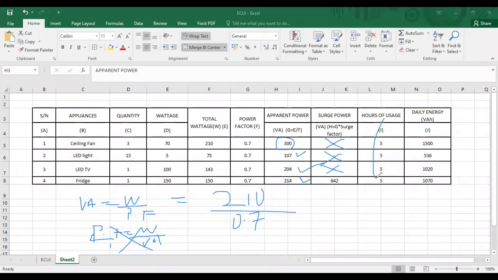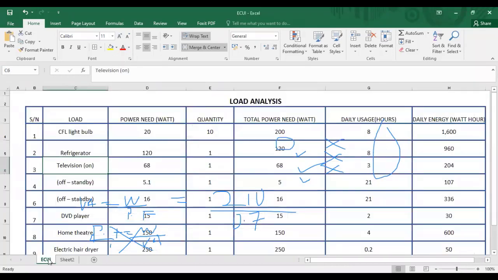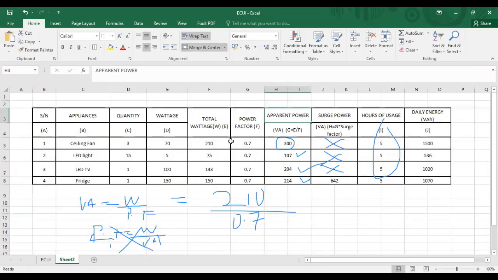The hour of usage you already know, and the daily energy is now the VA, not the wattage again. In the first sheet, what I used was watt times the hours, and you have watt hour. But in this case, because we've included power factor, what we now have is VA.